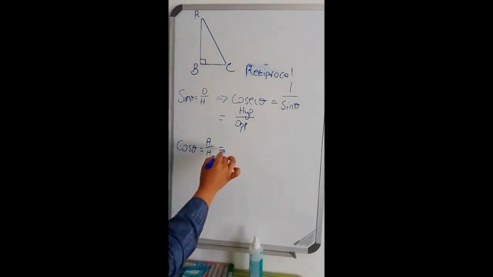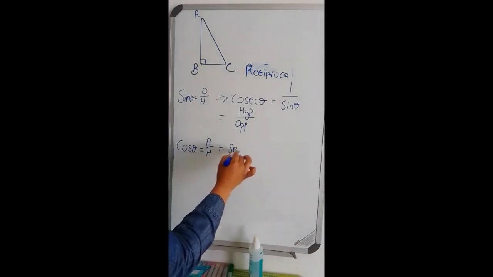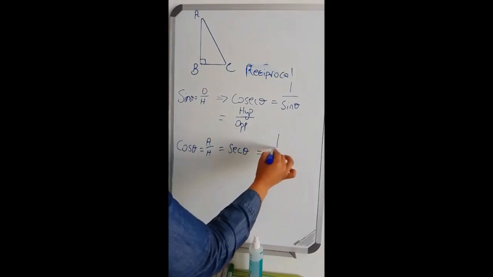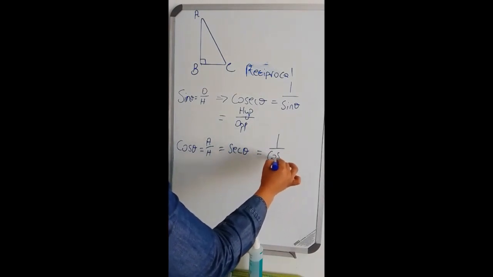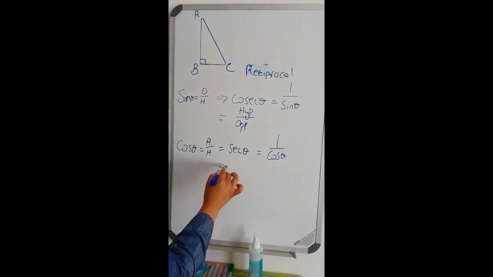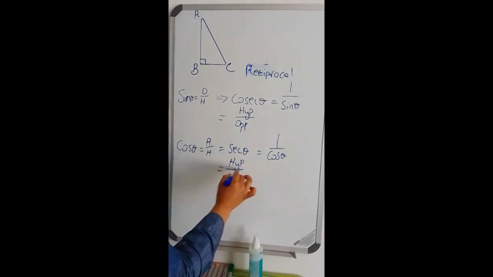So we have cos of theta, which we know to be the adjacent side over the hypotenuse, and we call its reciprocal ratio sec theta. This we can refer to as 1 over cos theta, and the ratio will then be the hypotenuse side over the adjacent side.